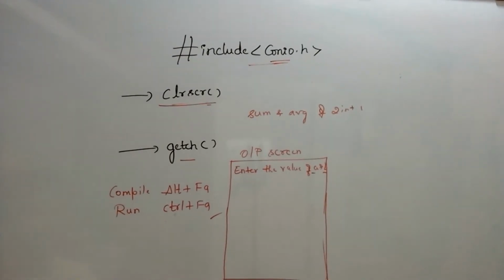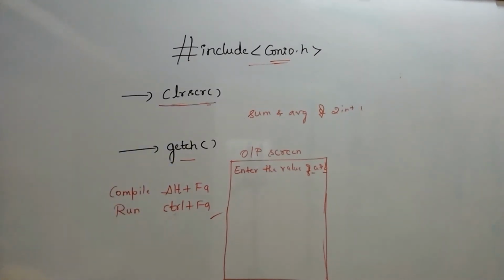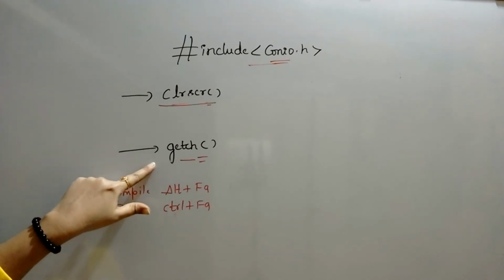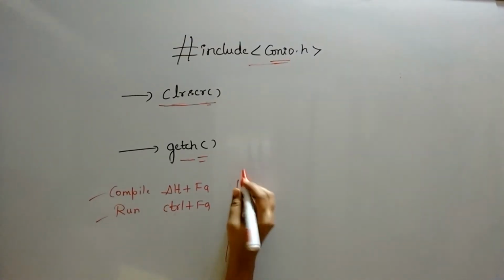Fine. Now let us see why we have to use this getch function. You have written a program and you are going to compile, then you are going to run your program. When you run the program, if you are not using the getch function, your output screen just flashes, which means you won't get your output screen.